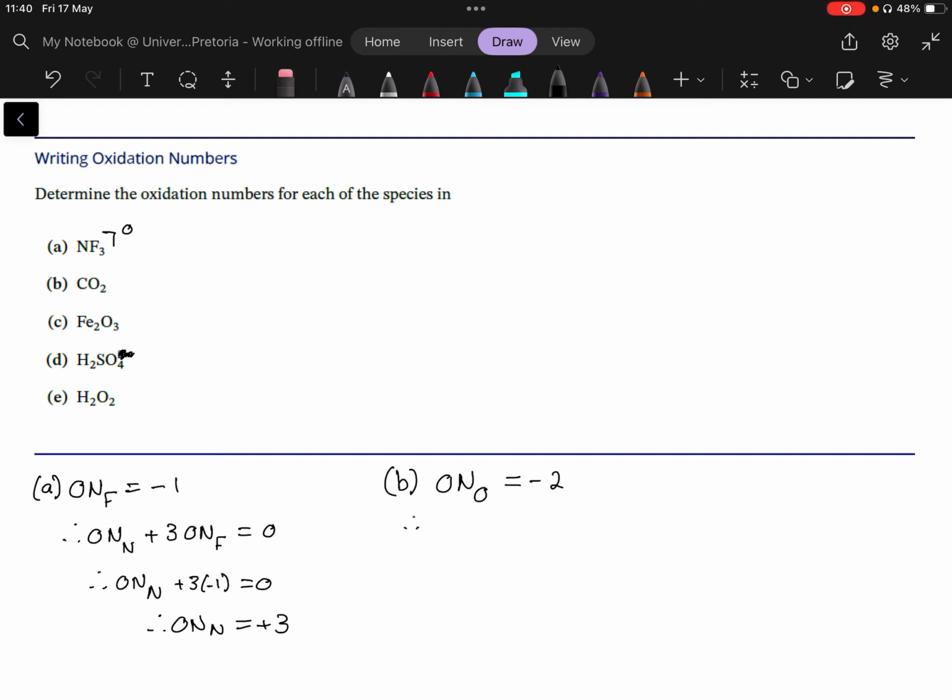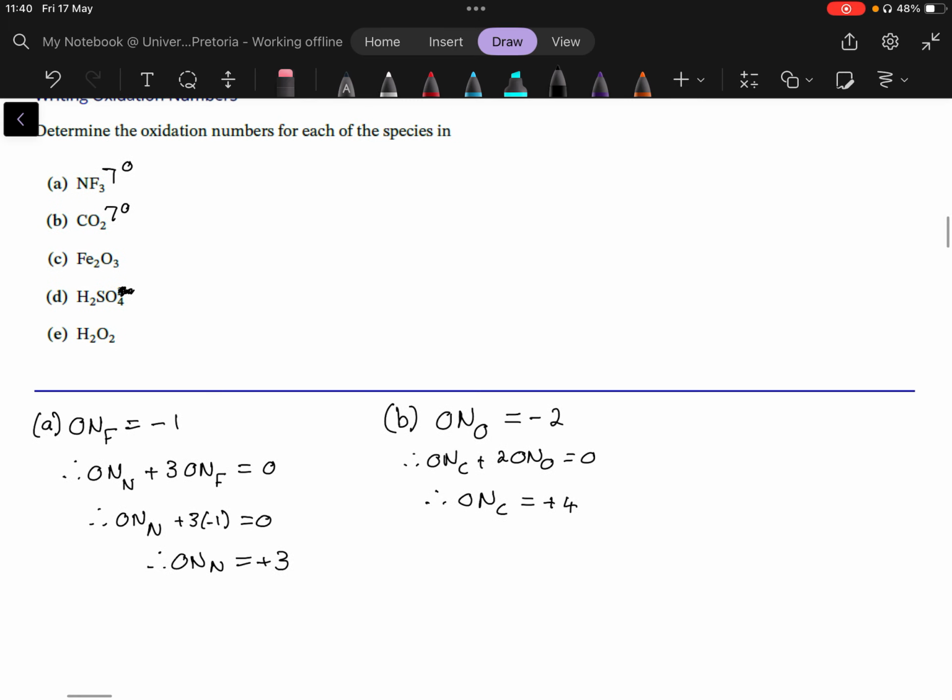And therefore, the oxidation number of carbon plus 2 times the oxidation number of oxygen needs to be equal to 0, because again, this is a molecular compound. It does not have a charge. So the oxidation number of carbon must be equal to +4, because you're going to put a -2 there.